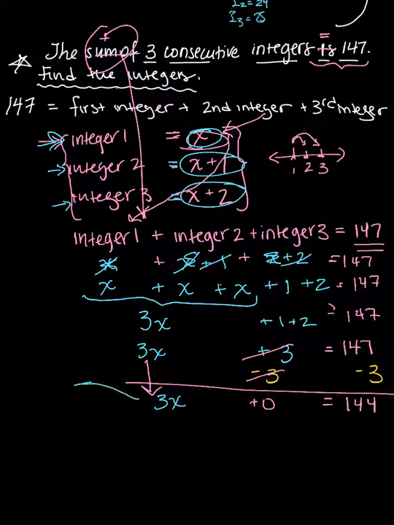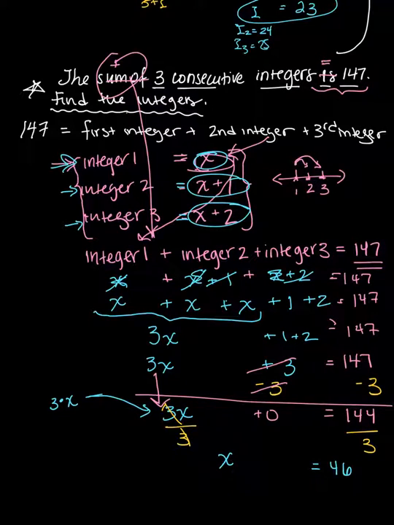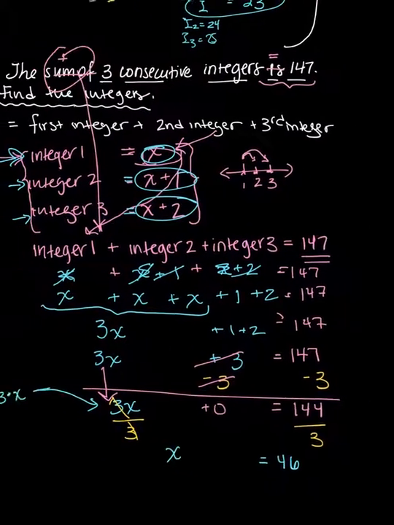Now let's look at what I'm doing here. Hopefully you notice that 3x is the same as 3 times x. It's multiplication, so I've got to divide by 3. And what I do to one side, I've got to do to the other. So x equals 46. All right, so if x equals 46, I've got to go back up and answer my question.